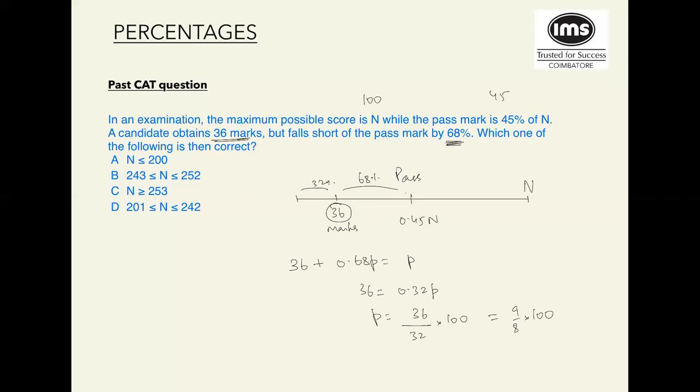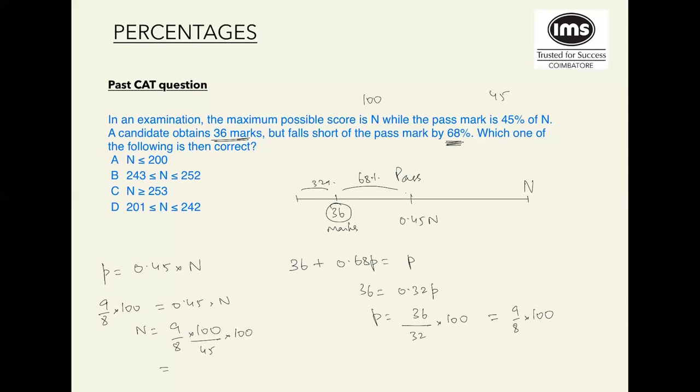Now we also know this pass mark is 45% of n. Okay, so I have 9 by 8 into 100 is 0.45 n. So n is 9 by 8 into 100 divided by 0.45.